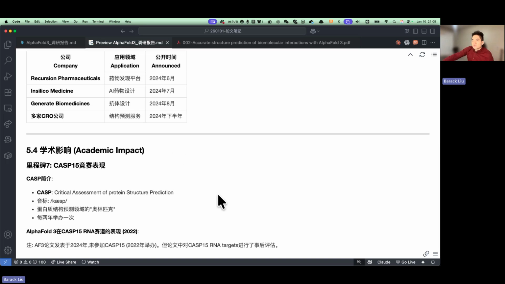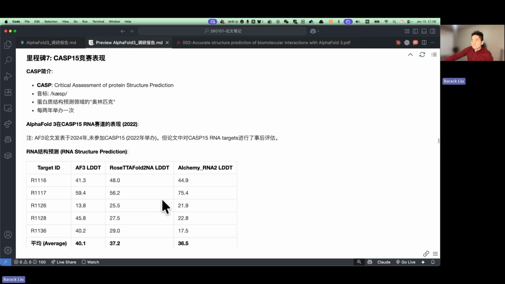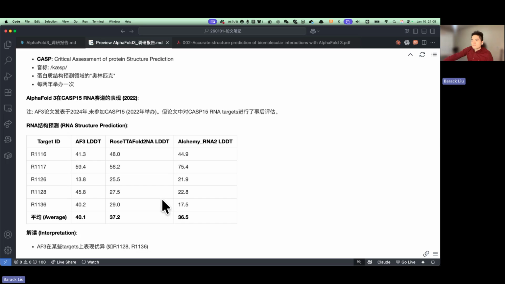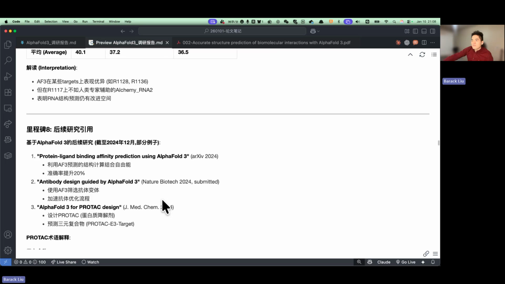Academic impact. CASP, Critical Assessment of protein Structure Prediction. Follow-up citation.